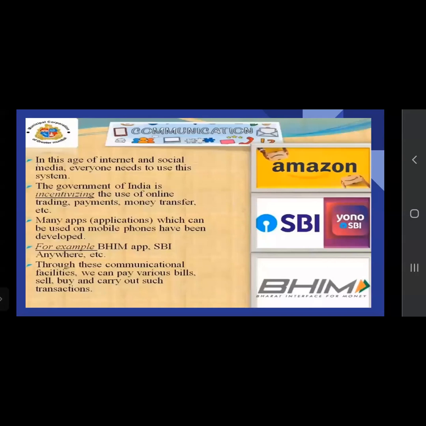So through these apps, you can pay various bills, whether telephone bills or electric bills, any bills. You can sell anything, you can buy anything, and you can carry out transactions, money transfer or anything. So in the picture, you can see Amazon Pay is there, SBI is there, then Bhim app is shown.